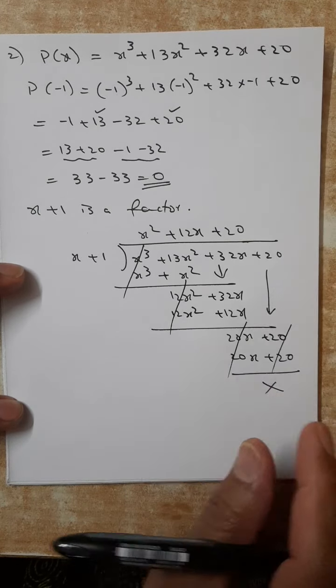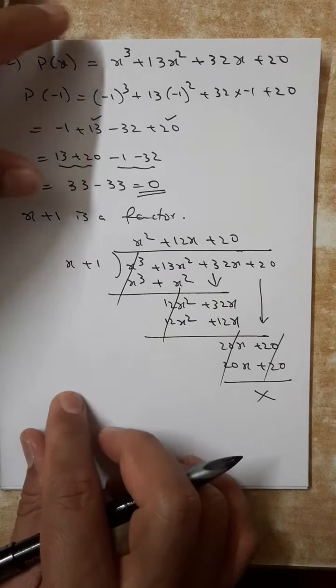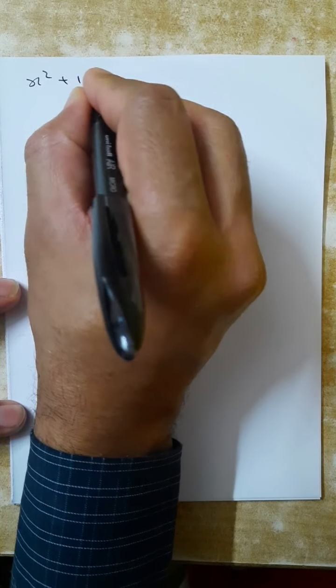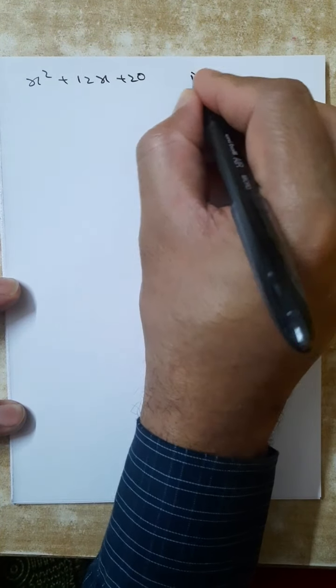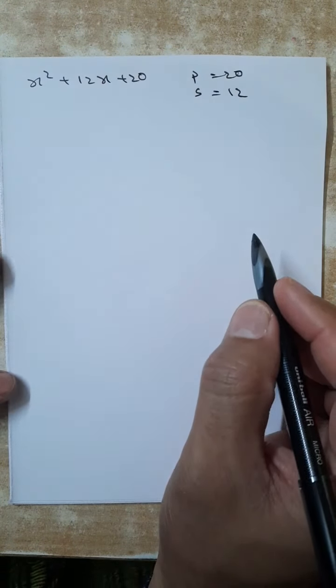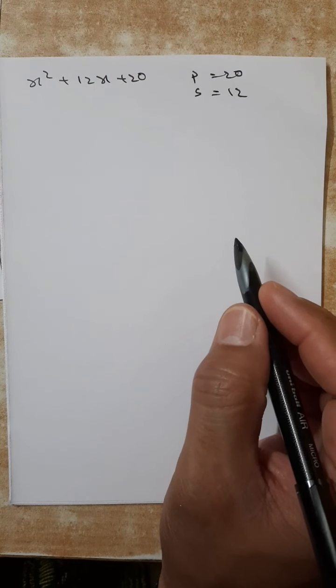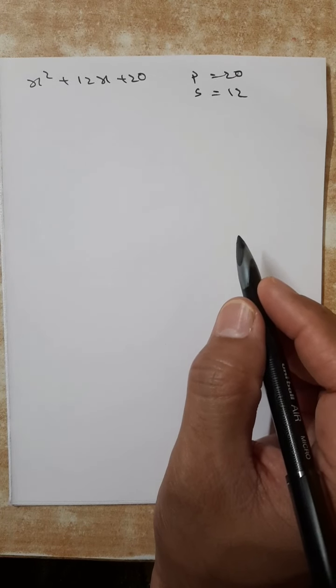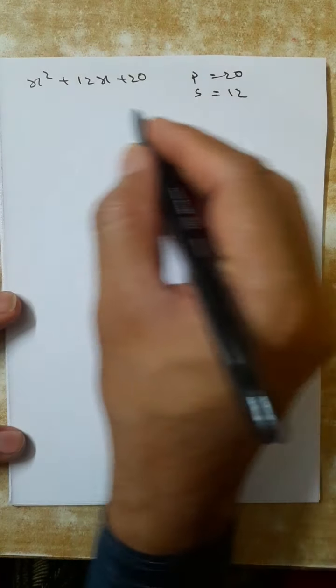Now what to do? We have to continue. Here it is x square plus 12x plus 20. Product must be 20 and sum should be 12. We split the middle term because there is nothing common and no identity. Grouping is also not possible because there are only 3 terms; grouping means 4 terms. So we will split the middle term.